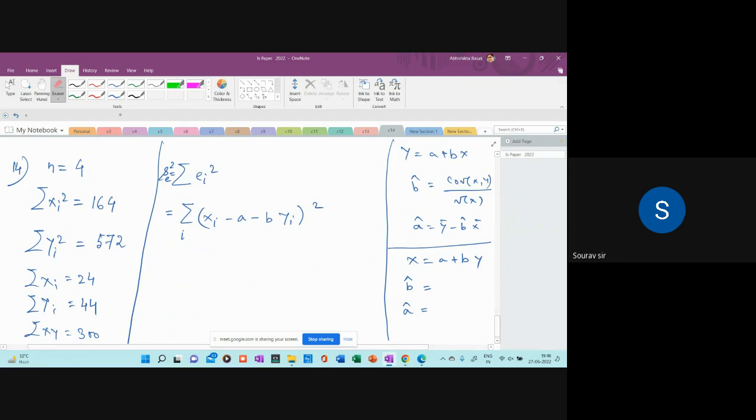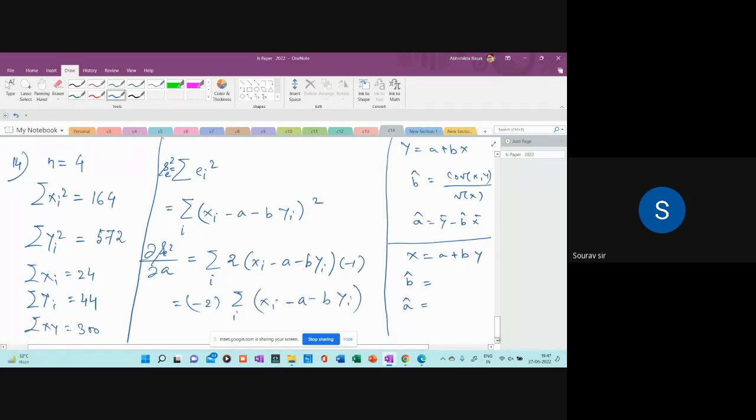Now we are going to do the partial derivative of this SE square with respect to a. That is going to give me summation over i of twice (xi minus a minus b yi), and with respect to a I'm going to get a minus 1. So that is minus 2 summation over i of (xi minus a minus b yi).